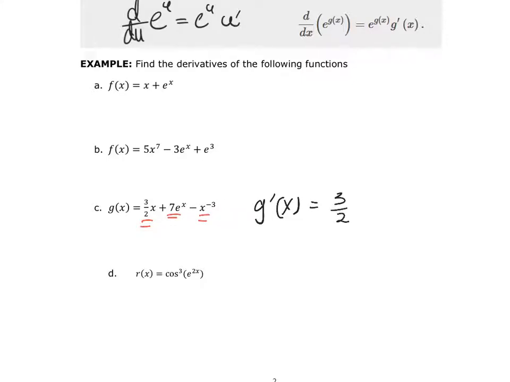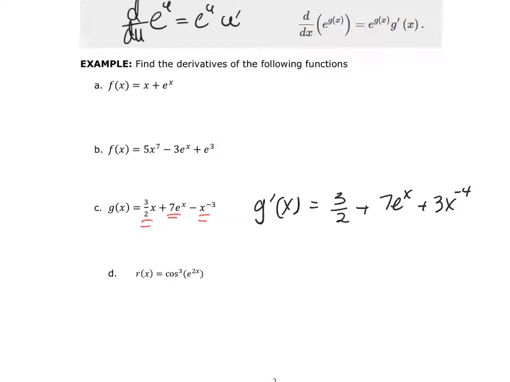My second one is 7e to the x. Well, the derivative of e to the x is e to the x all day long, and 7 is just a multiplier. So this is just going to be 7e to the x. My last one is my regular power rule, and it is x raised to the negative 3. That negative 3 is going to come down as a multiplier, so it becomes a positive 3x. And then I subtract 1 from that exponent, so it is minus 4. And that's it.